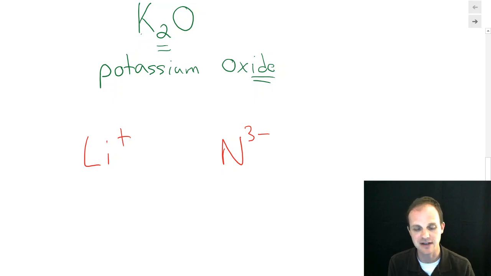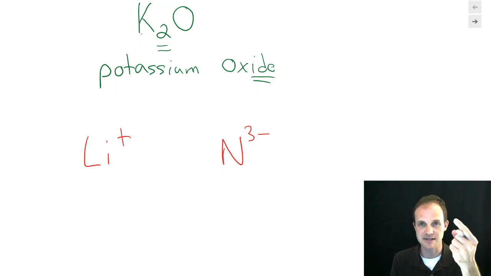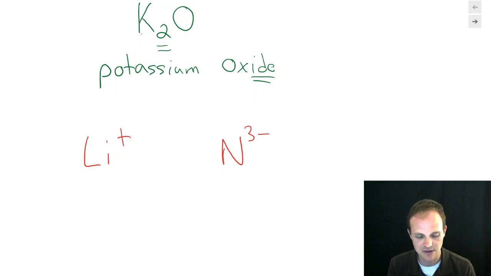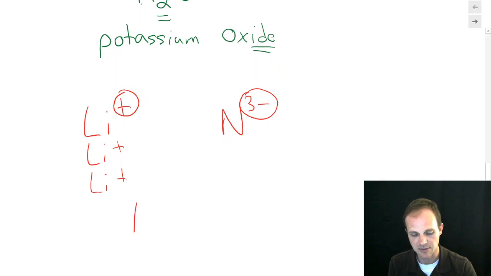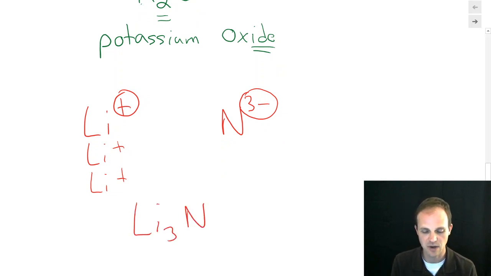Nitrogen has 5 valence electrons, 5, 6, 7, 8. That's how we get to our nearest noble gas, is by taking 3 electrons. I can't balance out a +1 and a -3. I need 3 +1s. And so what do I end up with? I end up with Li3N, 3 lithiums and 1 nitrogen.